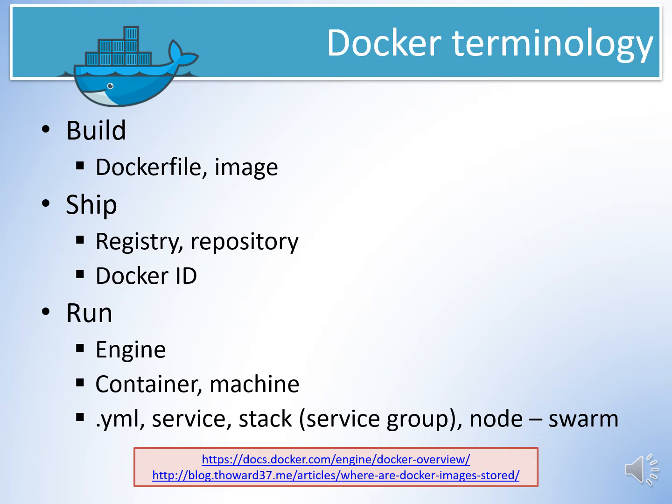When you have a Docker ID, you can create different public repositories. Each repository contains different versions of the same Docker image. It is possible to use one repository to contain different versions of different Docker images, but it is not recommended.